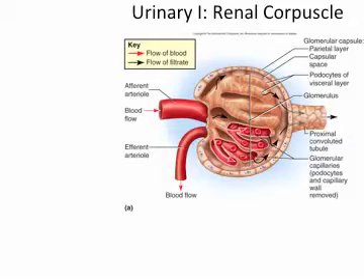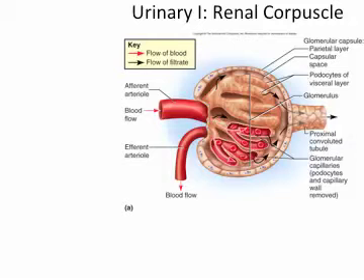We've seen this visceral and parietal theme before. The visceral layer usually lies on top of the organ. In this case, the visceral layer is lying on top of the capillaries, and the parietal layer usually lines the cavity or the structure that the organ, or in this case the capillaries, are in. There's usually a space between the visceral layer and the parietal layer.